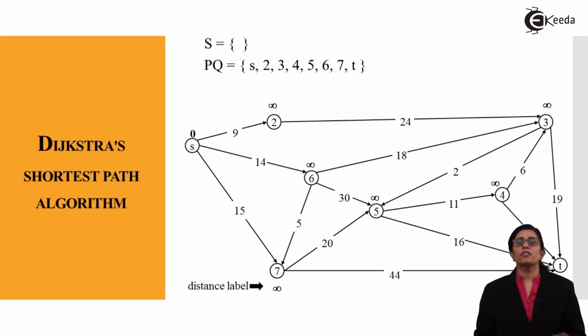PQ is nothing but all the distances that need to be covered between source and destination. In the PQ, it's just an array which has been named. We have stored S as a starting location and 2, 3, 4, 5, 6, 7 are the nodes which need to be visited before I reach the destination or the terminating point T. All the distance labels at present, before starting from the source S, have been assigned infinity, as I have not visited that particular node.